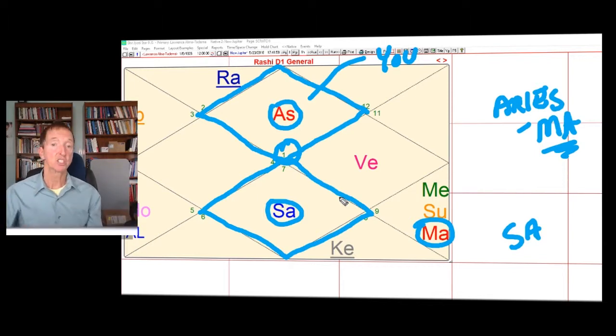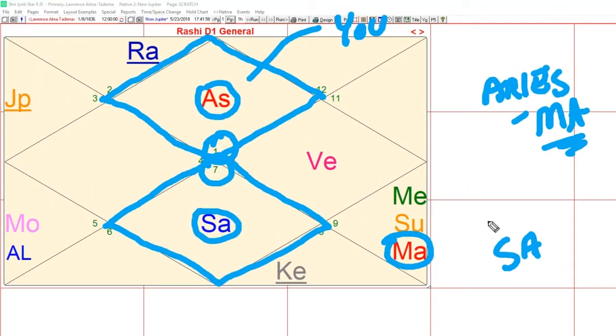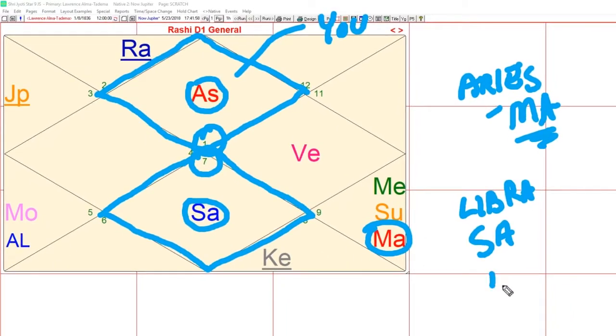So Saturn is really, really happy here. The 7 means it's Libra. And Saturn's what's called exalted. That just means it's very happy. It functions well. It's sort of like a blessing.